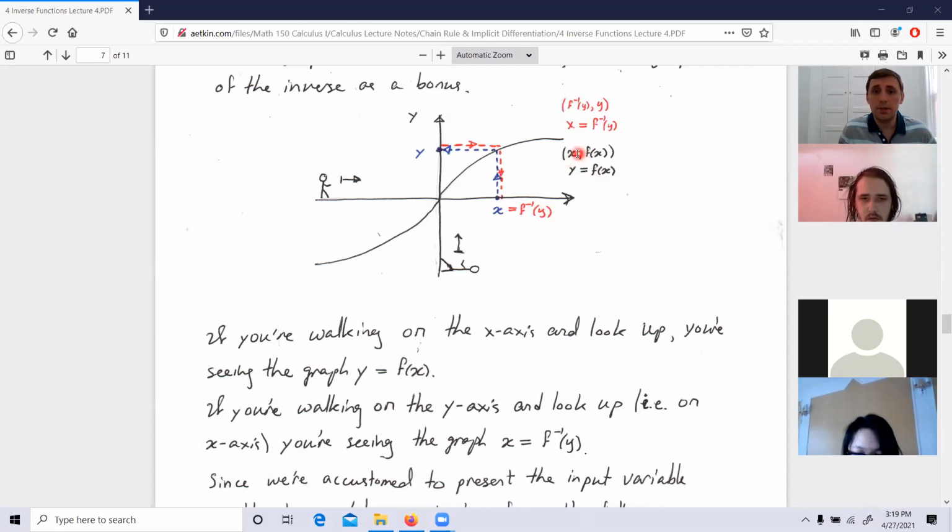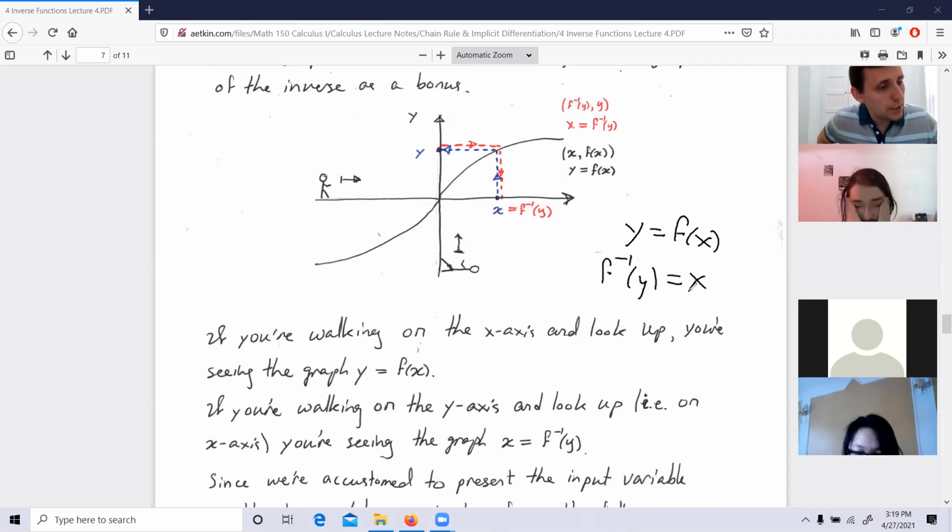Because if y is equal to f of x, then f inverse of y is equal to x. This identifies the same curve. That's just a difference between passive and active tense.